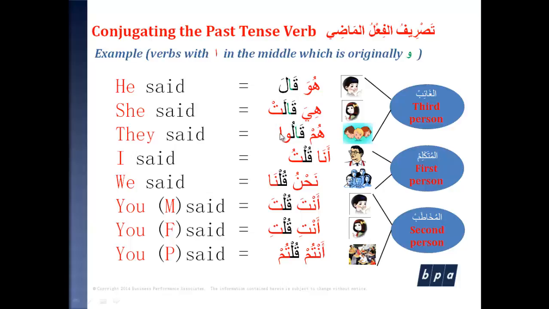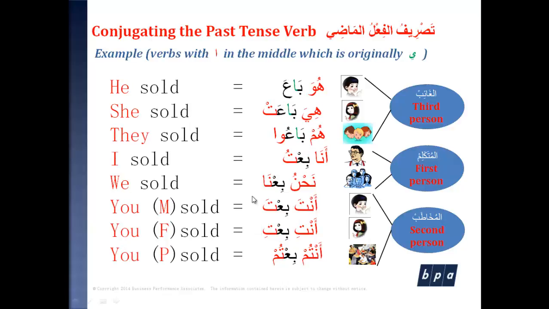Ta with a sukoon, waw with an alif, ta with a dhamma, noon and alif, ta with a fatha, ta with a kasra, ta and mim. So the additions of the letters to the end of the verbs are the same, whether it's three consonant verbs or a verb with a vowel in the middle, here the alif, that is in its origin a waw.